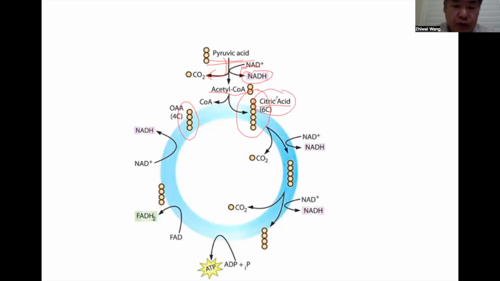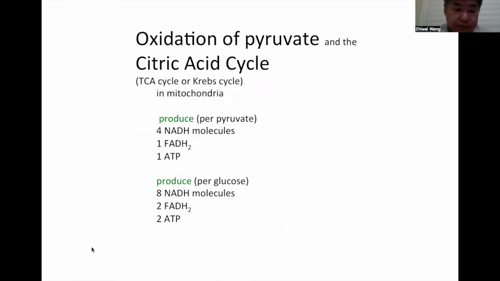Through this Krebs cycle, you have many molecules of NADH produced, and also you have ATP produced. The next slide will summarize how many NADH, how many ATP, and how many FADH2 are produced. So let me show you the next slide.